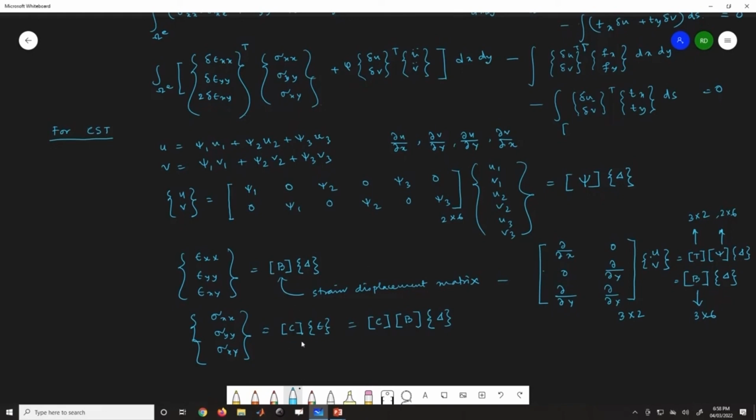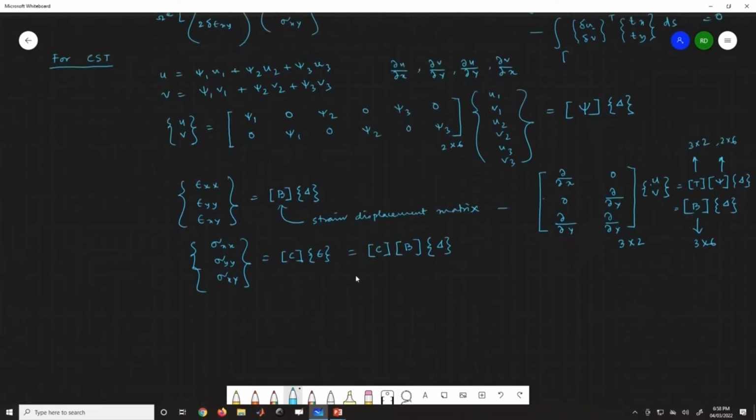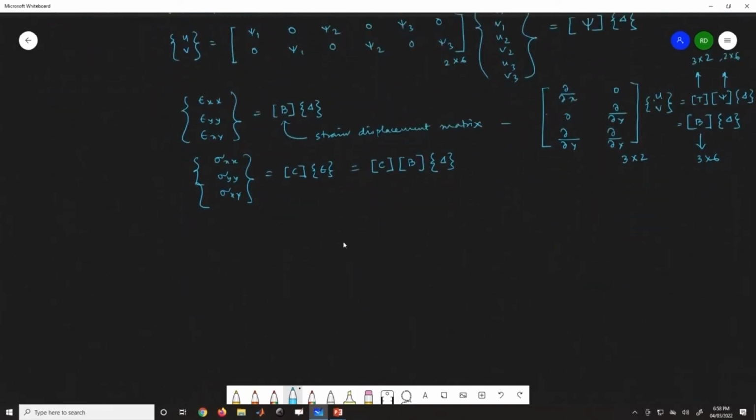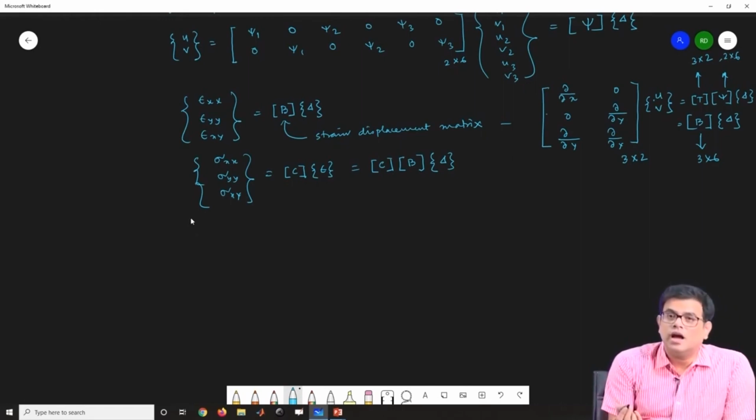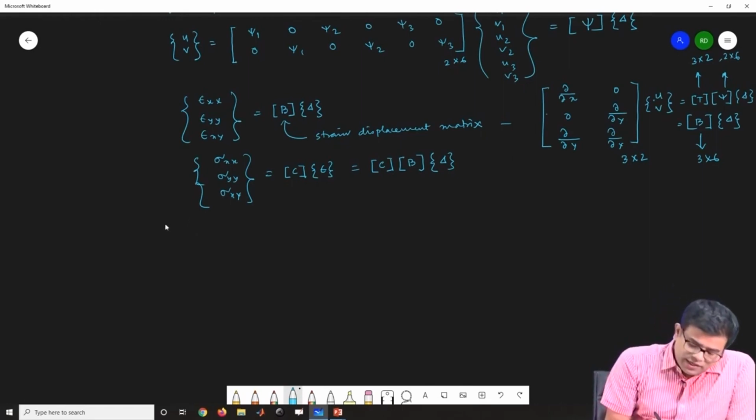Now once we know this, we need to have the variations. So how to compute the variations? Likewise, as we have discretized the displacement, we can discretize the variations also.